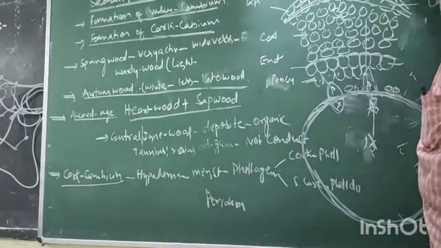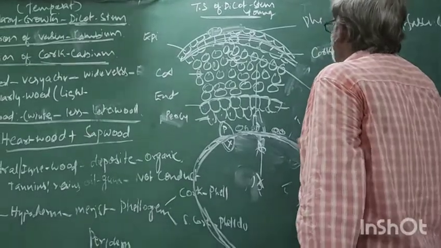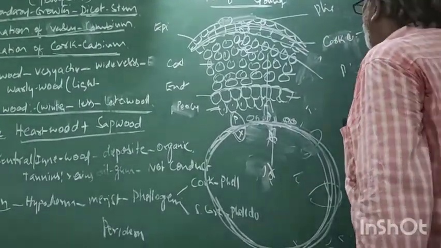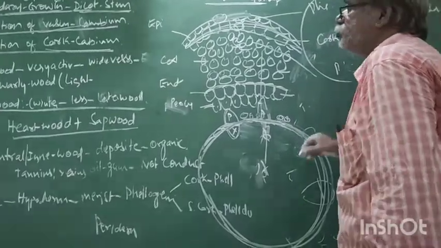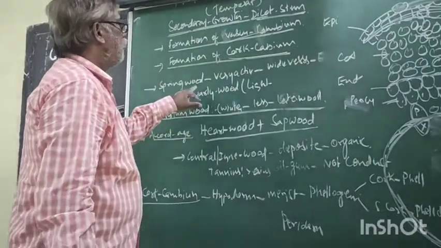Now it is cork, phellem, and secondary cortex, phelloderm. Phellem, phellogen, phelloderm, all together are called periderm. Periderm. Last one.